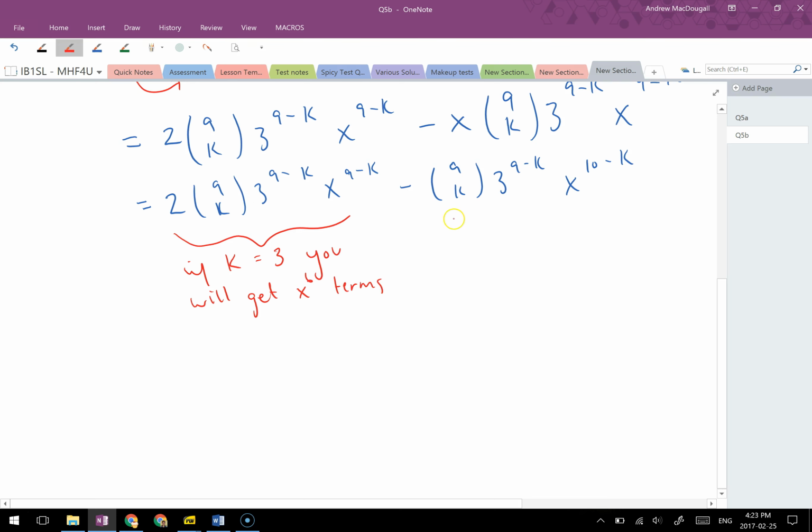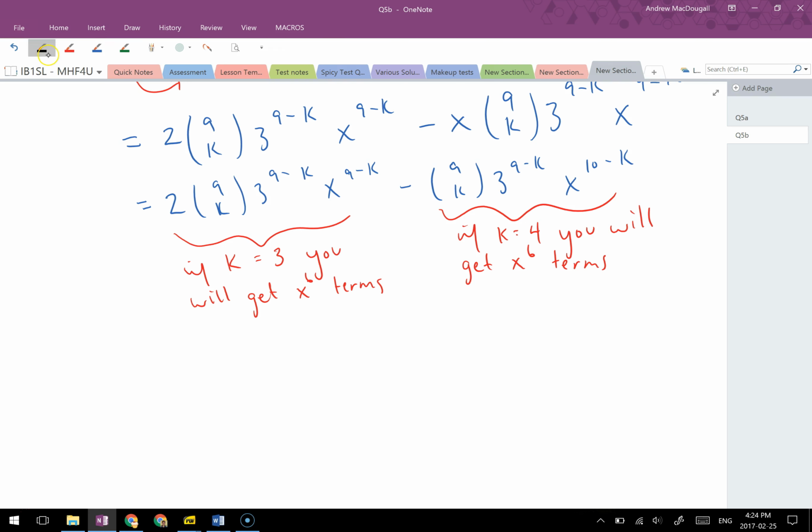And on the right, if k equals 4, you will get x to the 6 terms. So we need to calculate what happens when you plug in k equals 3 to the left type of terms, what happens with k equals 4 in the right terms, and then we need to add those together. So then we'll have two terms with x to the power 6. If those are like terms, we can combine them by adding their coefficients.